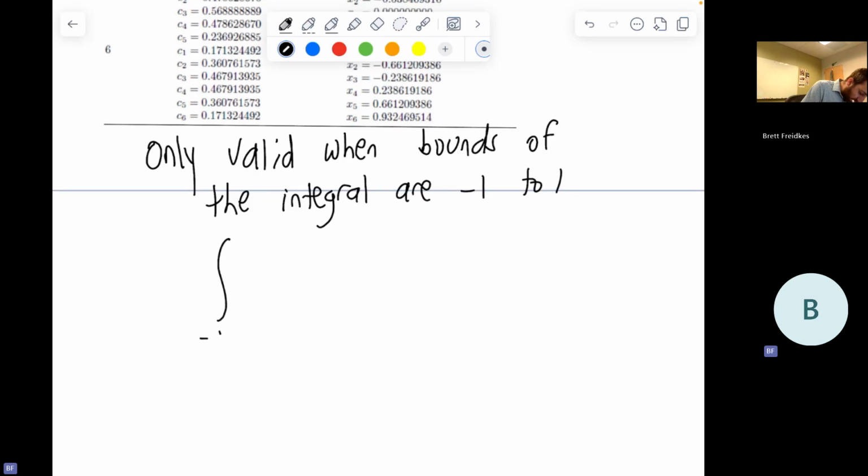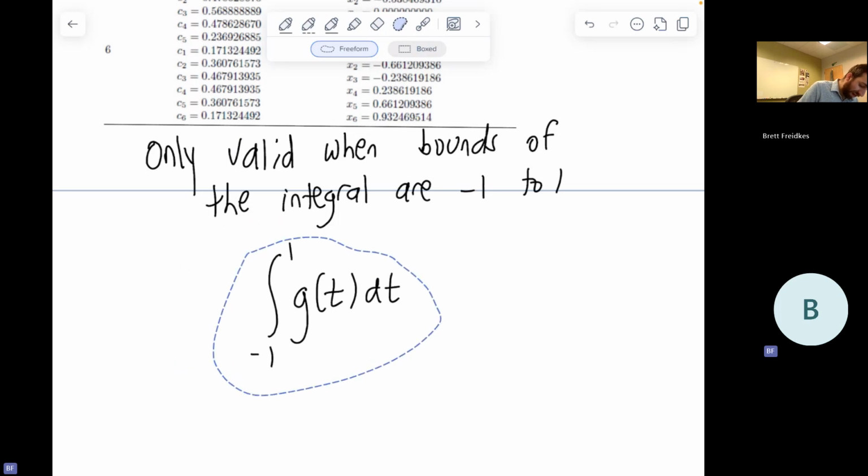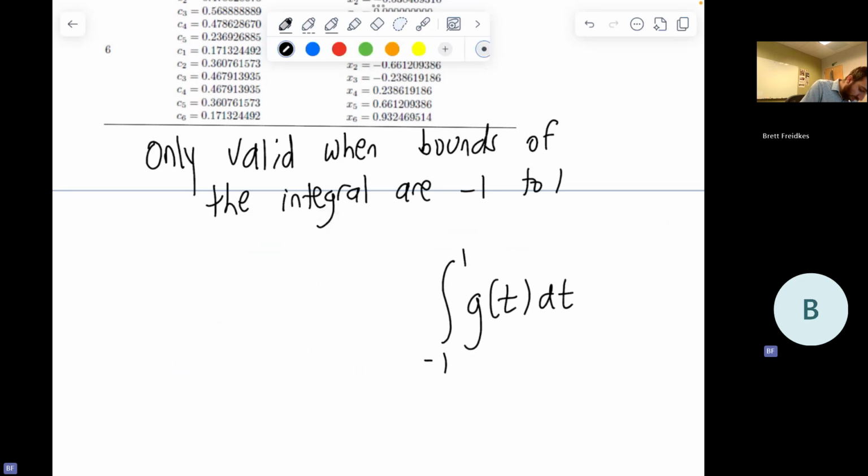So really, we would say that the table would be some integral from -1 to 1. And I'm going to write this as involving a new variable. You'll see why. But we basically have to take our f of x integral and convert it to this other integral that has bounds of -1 and 1.